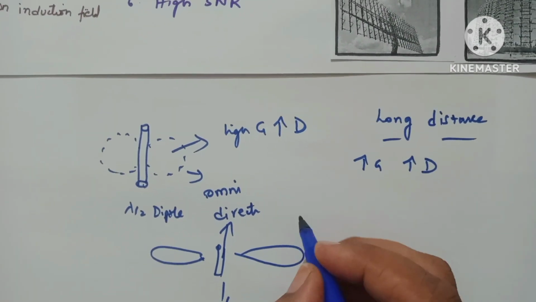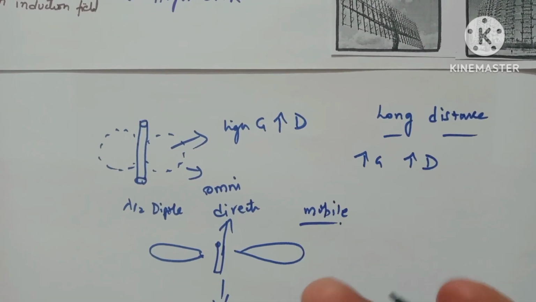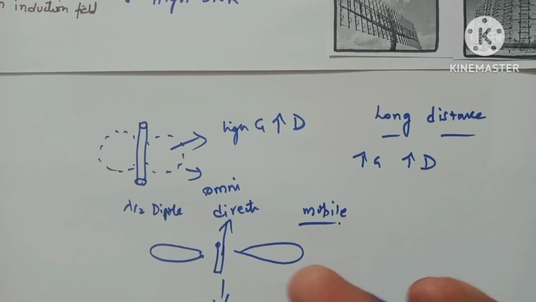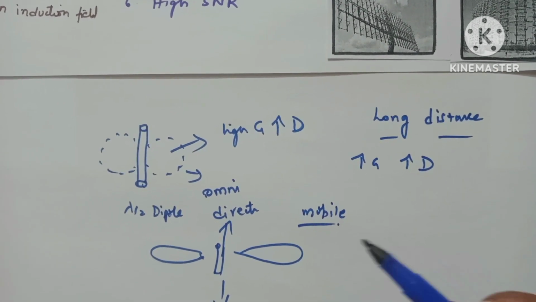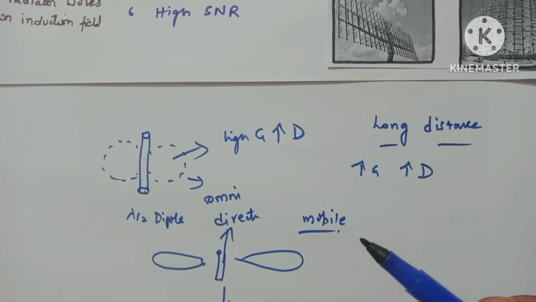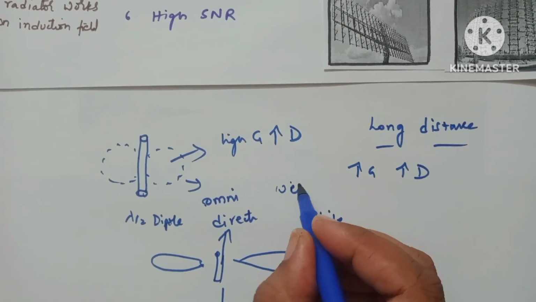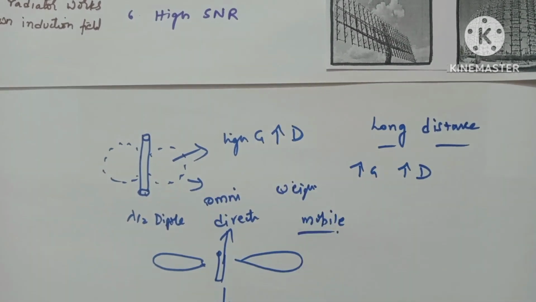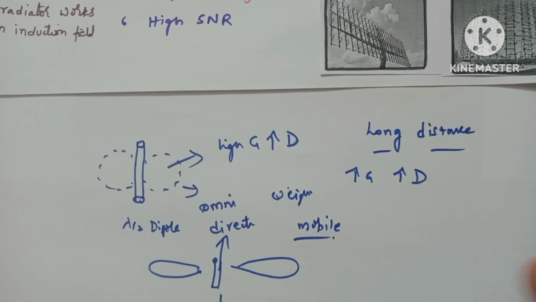In a mobile, is it possible to use a very large antenna? It is not possible. Similarly, in space-related applications or radar communication, weight and space are the most crucial factors. In such cases we automatically go for alternative arrangements.